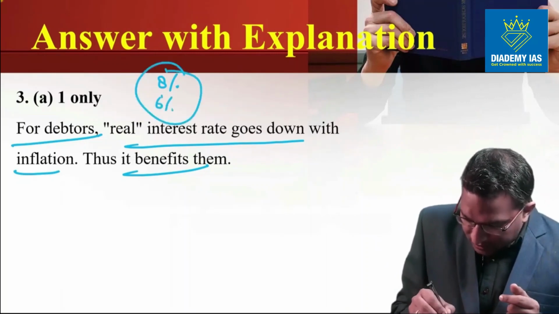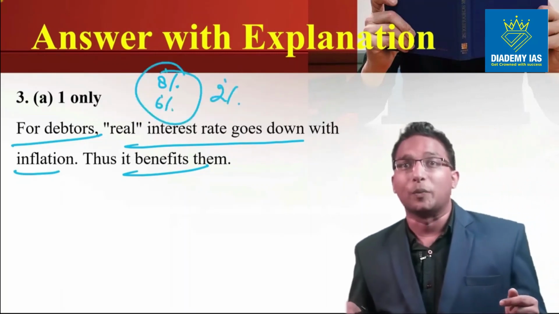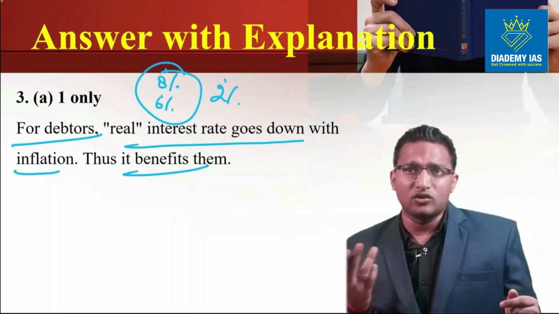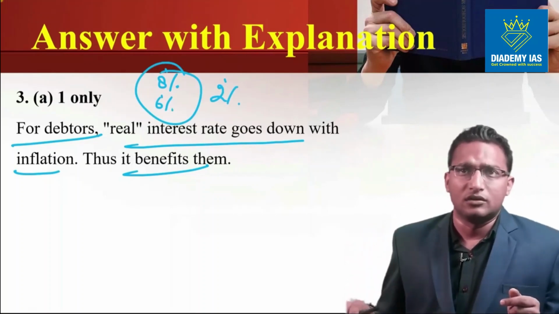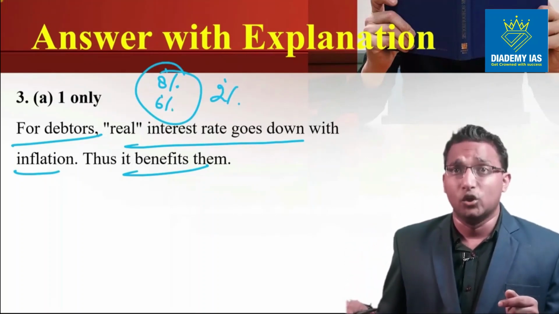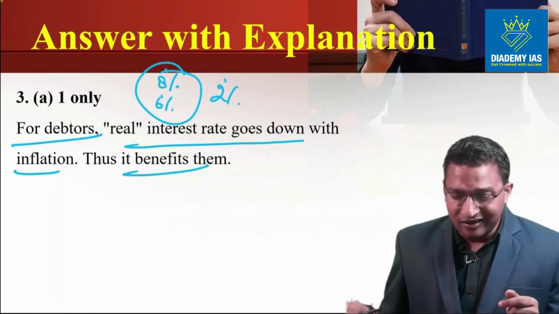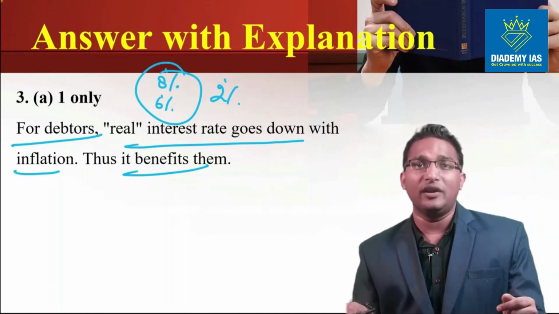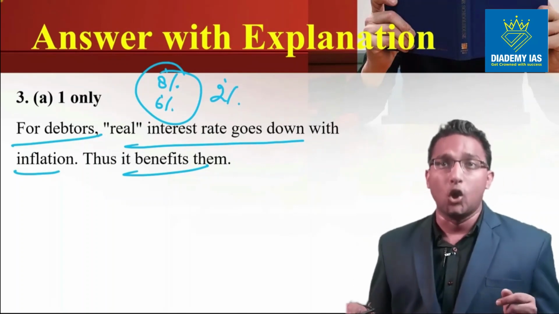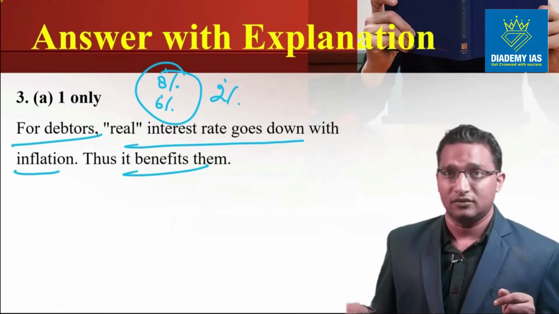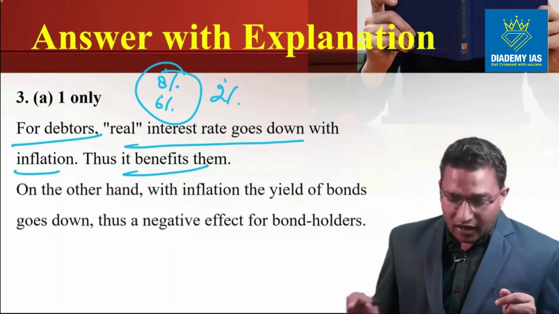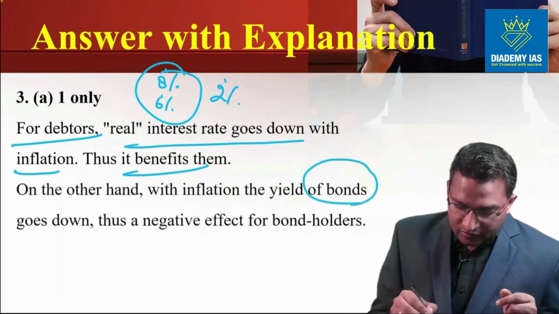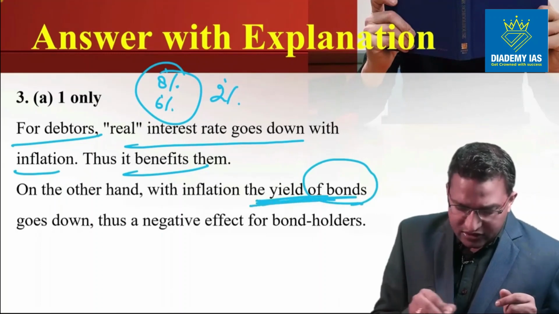In this case, the real rate of interest will be just 2%, because otherwise the purchasing power of the money is getting reduced. So the real interest rate is not 8%, it is 2%. Therefore, it is the debtor, the person who is getting the loan from the bank, who is getting the benefit. However, in the case of a bond, the yield of the bond, the income from the bond, is going down.